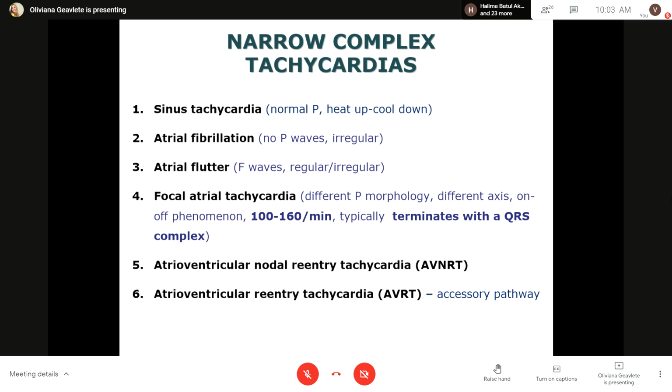Atrial fibrillation, we will not go into all this. We've seen atrial fibrillation: no P waves, irregular rhythm. Atrial flutter, F waves. You know, atrial flutter could be regular or irregular. Why could it be irregular?